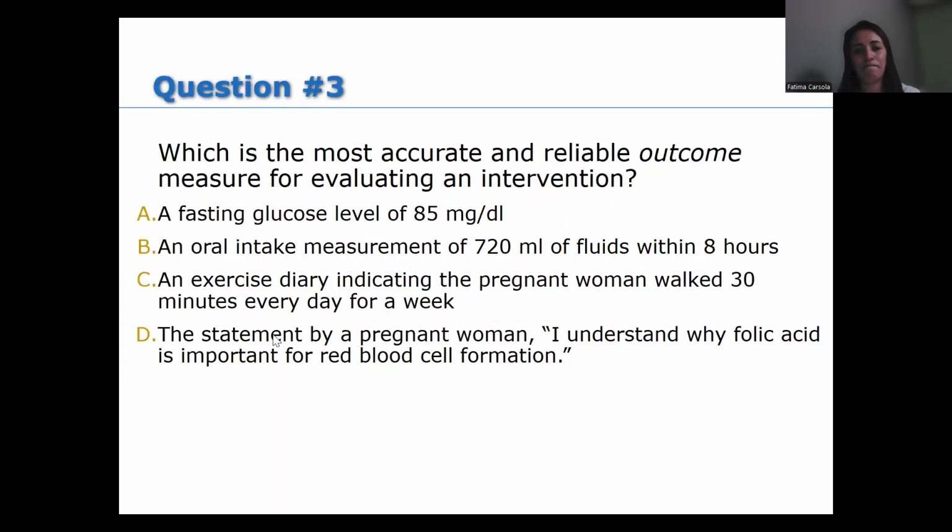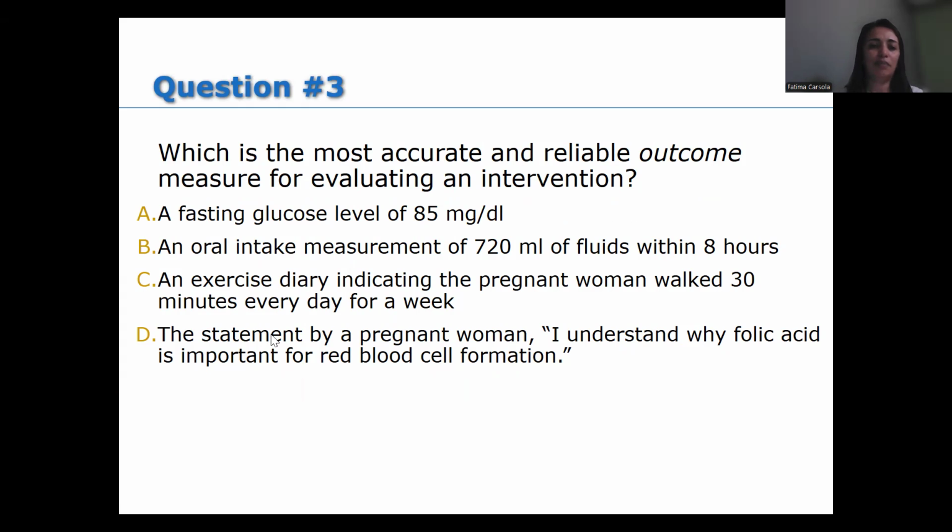Okay. Number 3, which is the most accurate and reliable outcome measure for evaluating an intervention? Letter A, a fasting glucose of 85 mg per dl. B, an oral intake measurement of 720 ml of fluids within 8 hours. Or C, an exercise diary indicating the pregnant woman walked 30 minutes every day for a week.